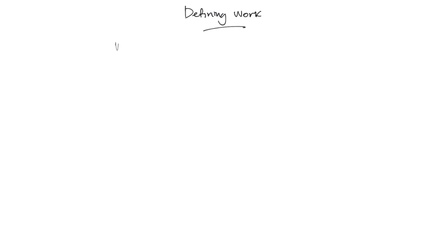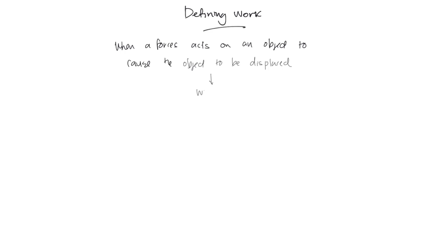So the first thing is defining work. We say that when a force acts on an object to cause the object to be displaced, then we say that work is done on the object.